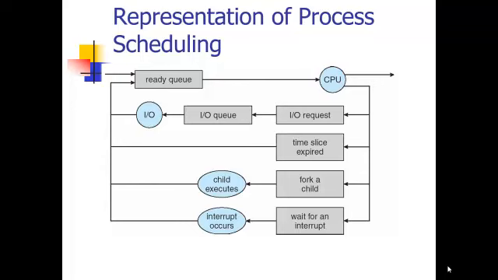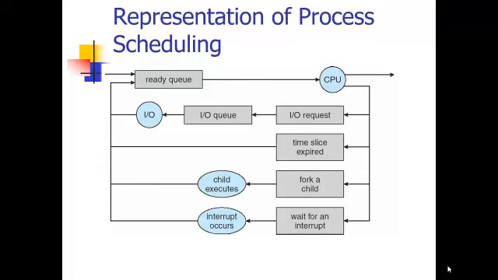So each 8 milliseconds the CPU will stop its execution and load a new process taking from the ready queue. So when that particular time period is over, that process will be taken out from the CPU. So that means it will stop the current execution and give a chance to the next available process in the ready queue.